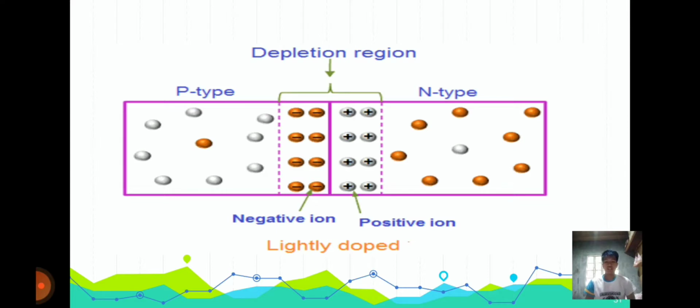In lightly doped semiconductors, the recombination rate is very slow. Hence the free electrons from the n side cross the junction and fill the holes in the atoms at the p side before they recombine with the positive ions at the n side.